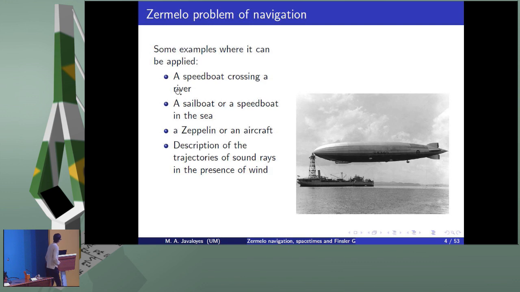You can consider trajectories of sound rays in the presence of wind, or wildfire spread modeling. I'll speak later about this, because in principle it's difficult to understand why you can apply the Zermelo navigation problem to wildfire spread modeling, but in maybe 15 minutes I'm going to explain how. And also animal migrations.